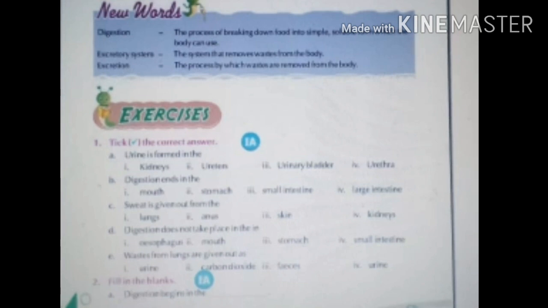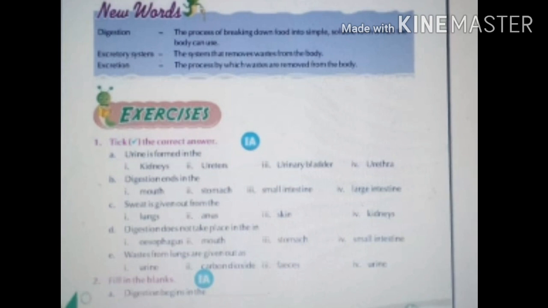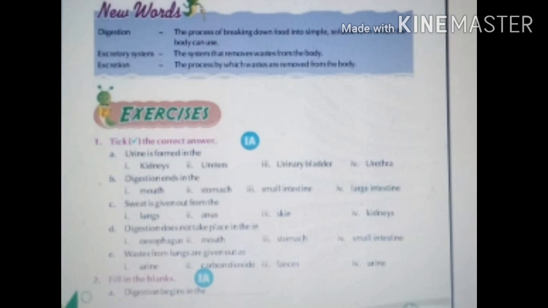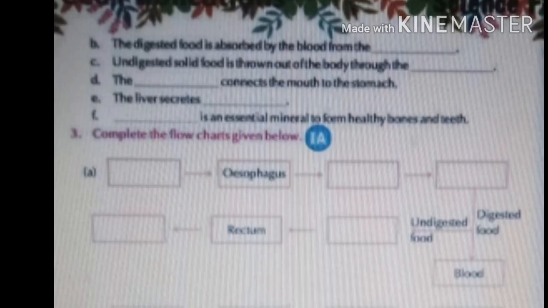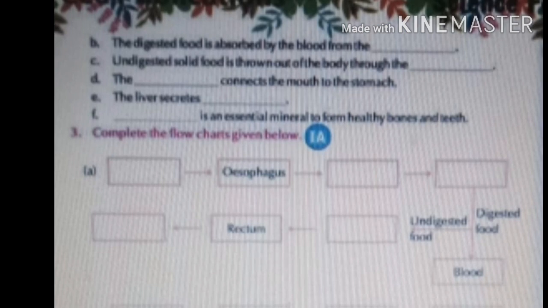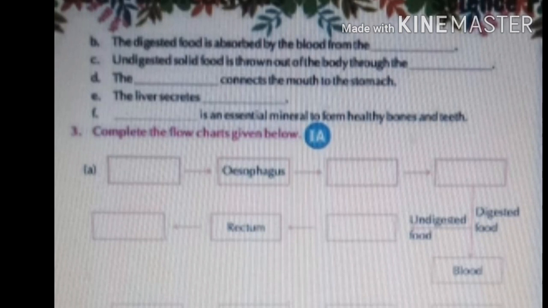Next we are having fill in the blanks. And the first question is, digestion begins in the mouth. The right answer is mouth. Next fill up is, the digested food is absorbed by the blood from the small intestine.